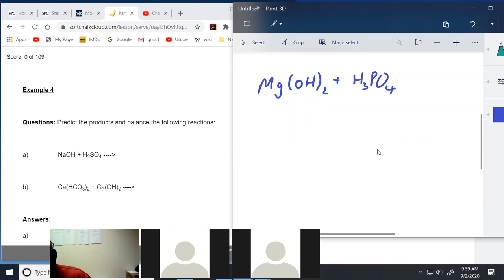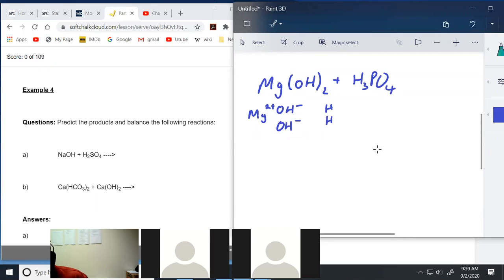Mg(OH)2 plus H3PO4. So I draw pictures of these, and it's going to be Mg. Well, I won't put the charges on yet. We've got Mg and 2 OHs. The OHs are each -1. That makes the Mg +2.